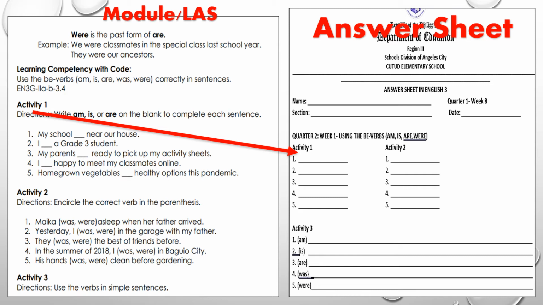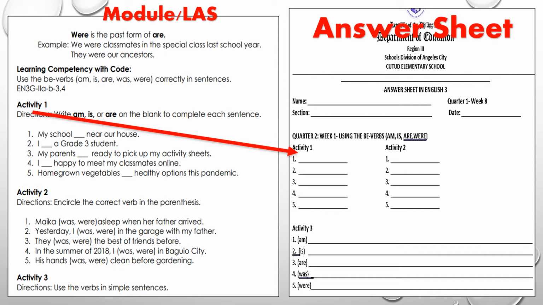The directions in the module say to write am, is, or are on the blank to complete each sentence. So in number 1 to 5, as you can see in your answer sheet, there is a blank. Doon nyo isulat ang mga sagot. You will write there all your answers. So what are you going to write? You will only use am, is, or are. Okay? So that is in a present tense.